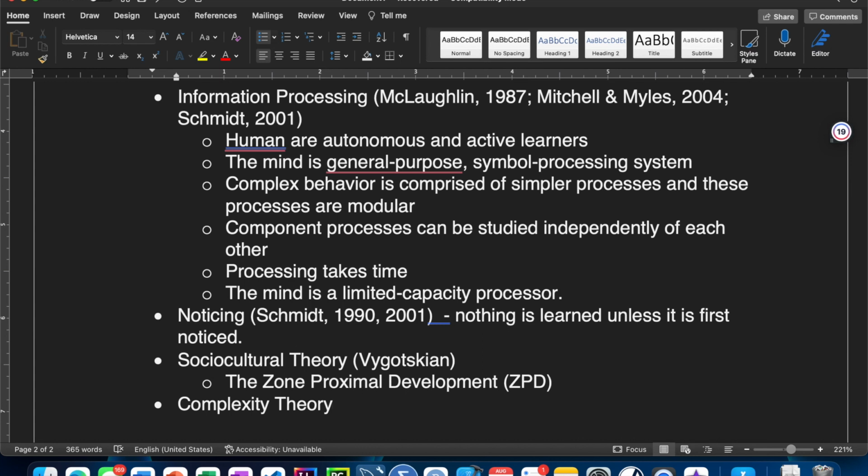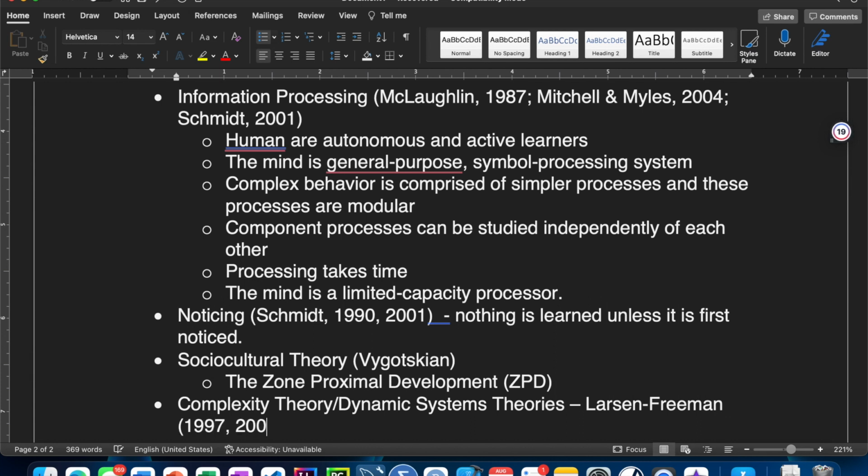Another avenue of cognitivist theories that are out there are complexity theory and dynamic systems theories, right? And this is from Diane Larsen-Freeman. And that was originally 1997?